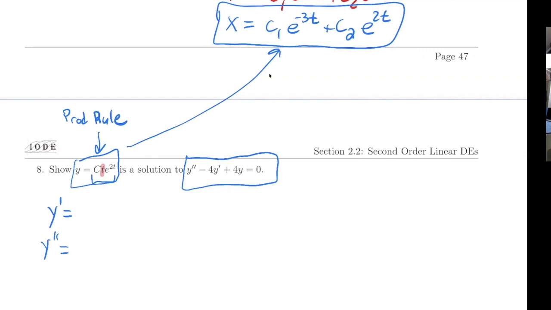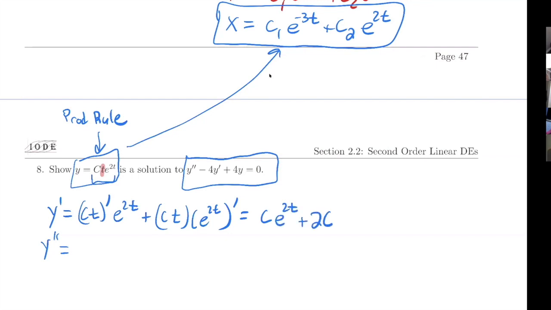So it would be the derivative of c times t times e to the 2t. When you have that extra t in there, it makes the derivative a little more complicated because you have a product. But you would get c times e to the 2t plus 2c t e to the 2t.